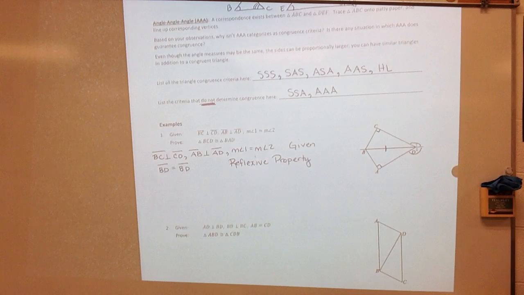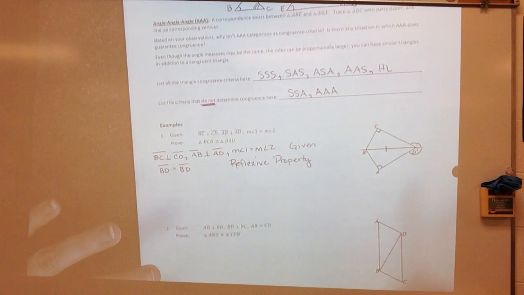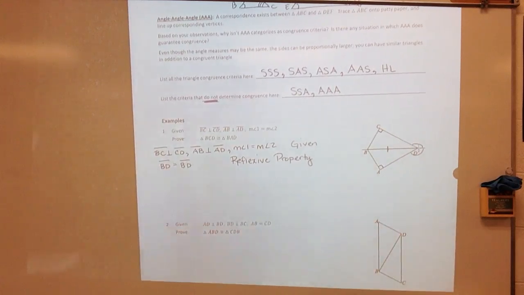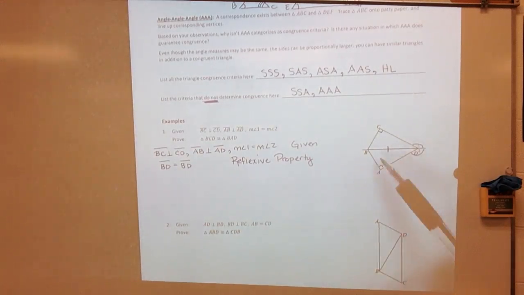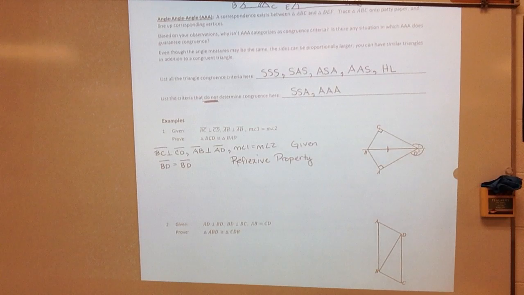Now let's think about what else we know. I do not have any angles anywhere, and there's not a whole lot I can do about sides right this second. So I need to think about angles inside of my triangles here. Let's look at the measure of angle 1.